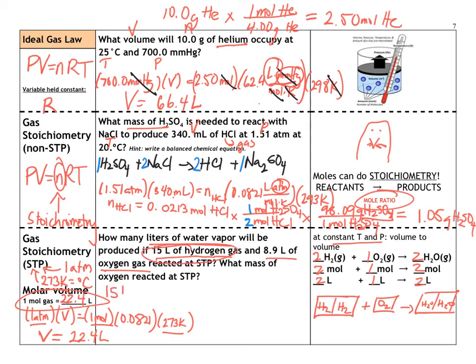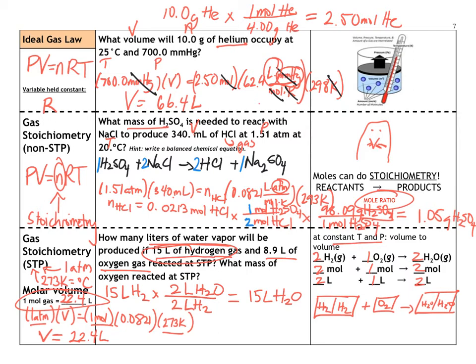So we're going to start off with 15 liters of hydrogen gas, and we're going to use the liter to liter ratio to figure out the product. So what is the liter to liter ratio between hydrogen gas and water vapor? And that is a 2 to 2 ratio. So doing so, we get the same value as we would expect, which is 15 liters of water vapor.